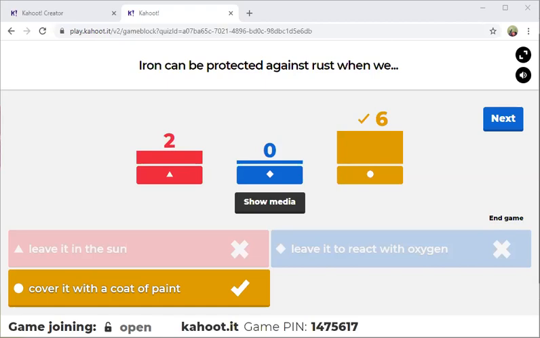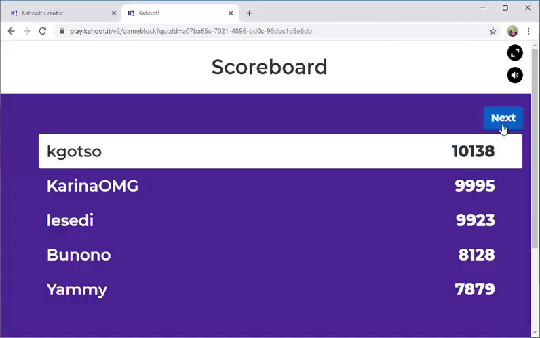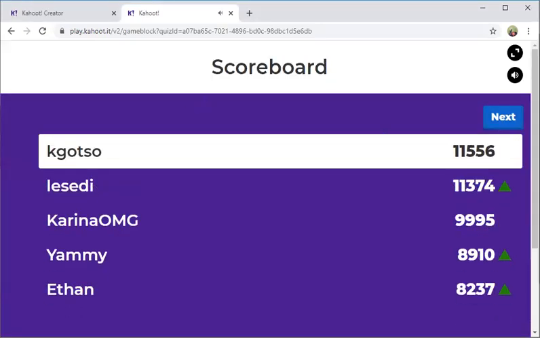Okay, so the correct answer is covering the iron with a coat of paint. Okay, see who's on the leaderboard. We have Koto in first place, followed by Lesedi, then Karina, then Yemi, and Ethan.